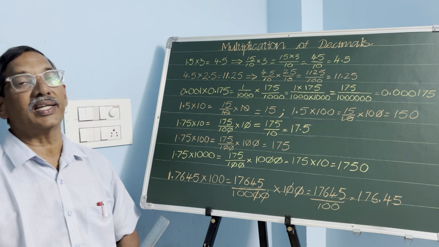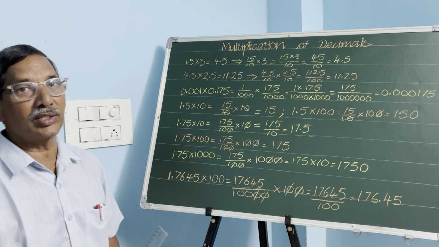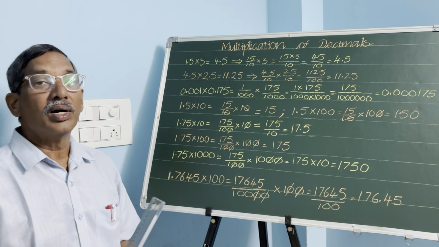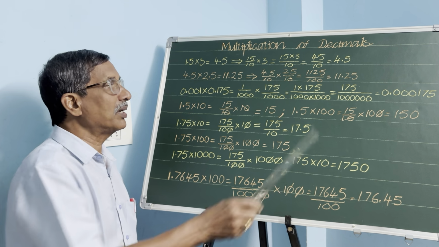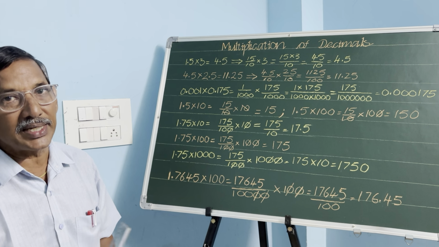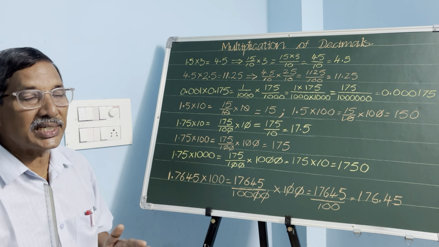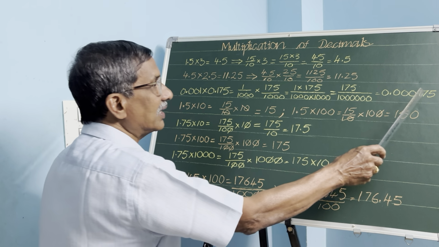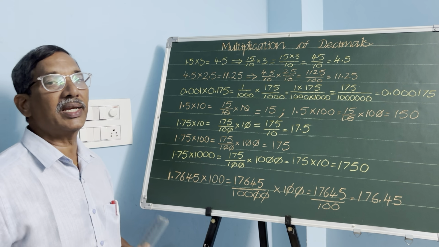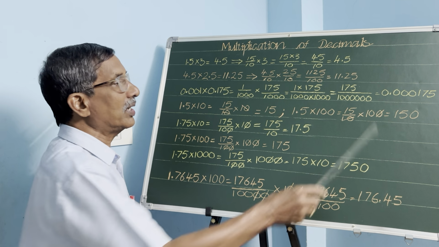If you write this normal fraction as a decimal fraction, you should have 6 decimal points, but we have only 3 places here. So you write the 3 places here, and to fill the remaining 3 decimal places, you write zeros.